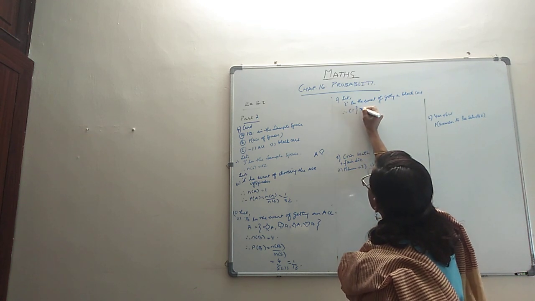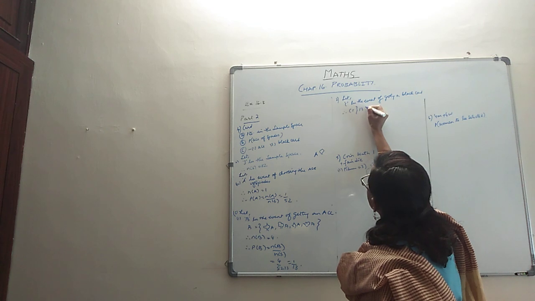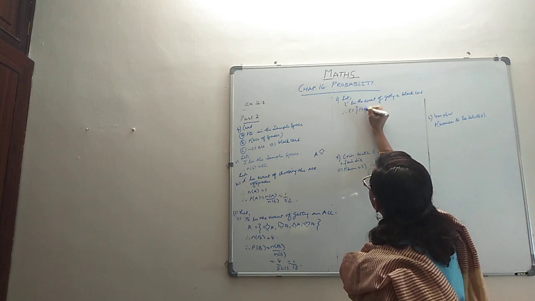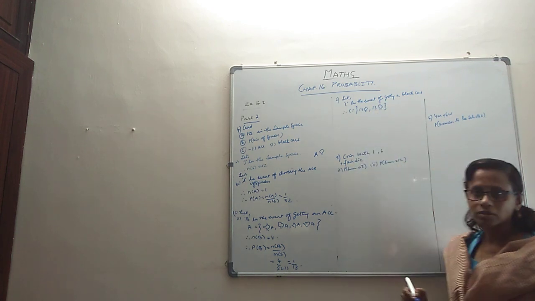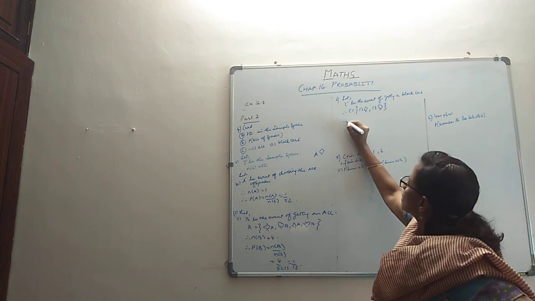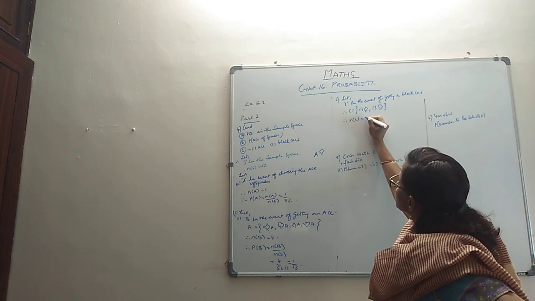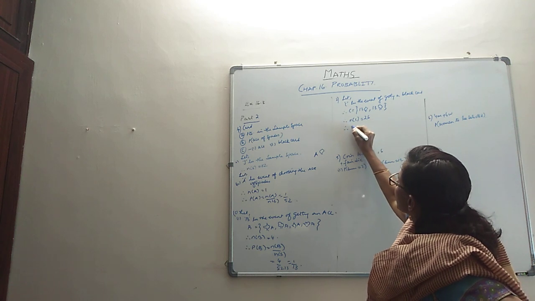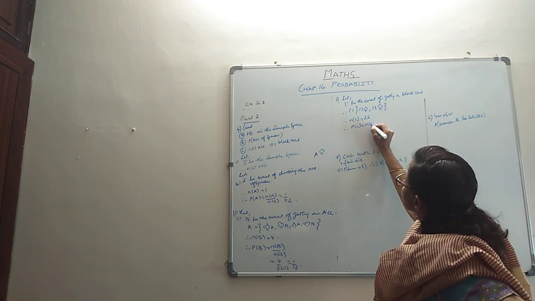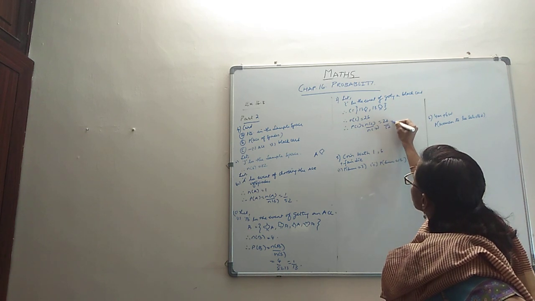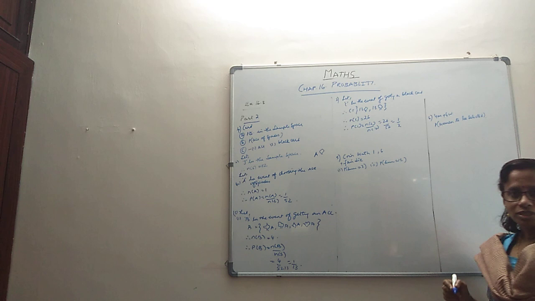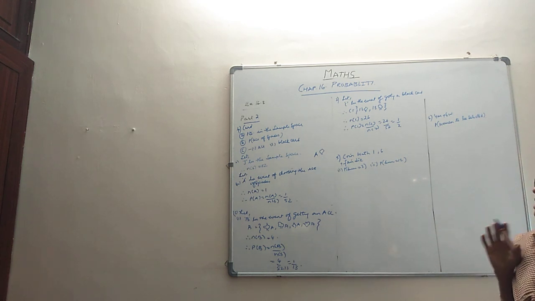You can have 13 spade cards and 13 club cards, right? These are black cards, isn't it? So n of C is 13 plus 13, 26. When you have to find the probability, it is n of C by n of S, which comes to 26 by 52, actually 26 2 times. So it's half, right? That answers our question number 4. Now let's come to question number 5.